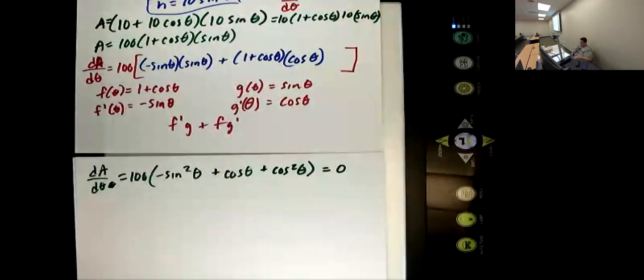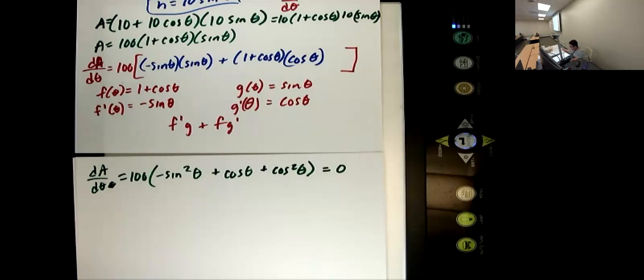Shit just gets trickier and trickier. All right. Did I get my derivatives right? Let me just double check before I go through all the painful trigonometry algebra here. F was 1 plus cosine, and we took the derivative, we got negative sine.